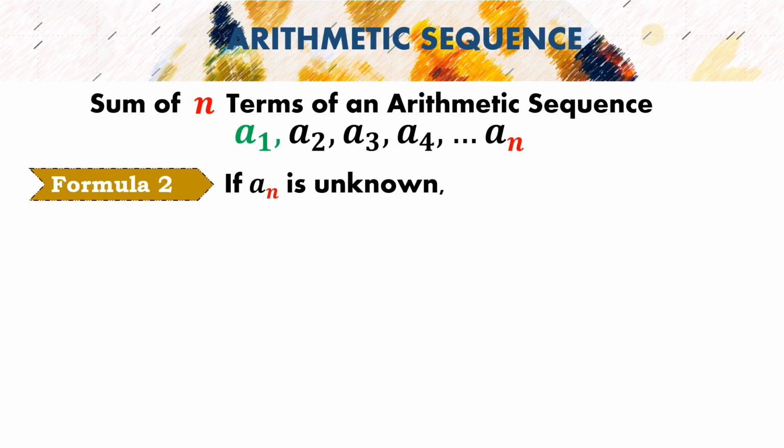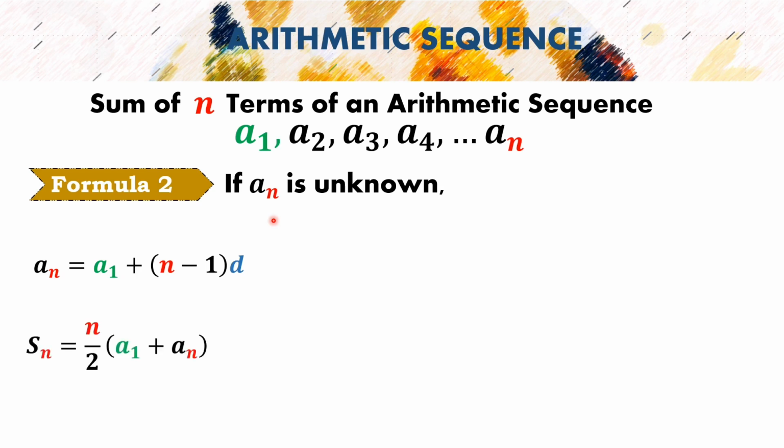Now for formula 2, what if we don't know the last term, or if it is unknown? Okay, there are two solutions. So you're going to choose one, which is easier for you. You need to find the last term, of course, before proceeding to getting the sum. And for formula 1, S sub n equals n over 2 quantity the sum of a sub 1 and a sub n.